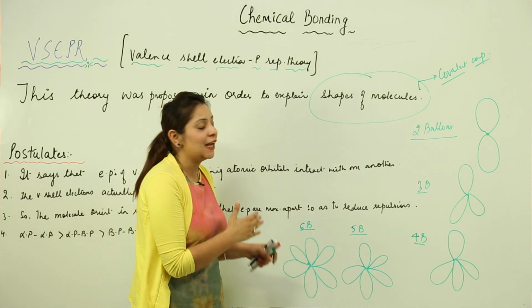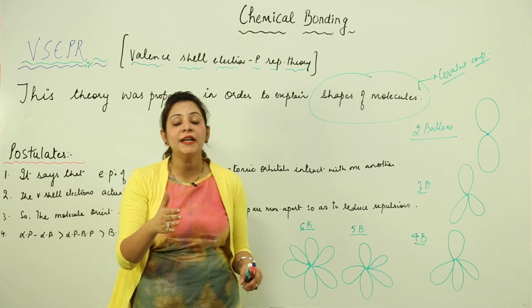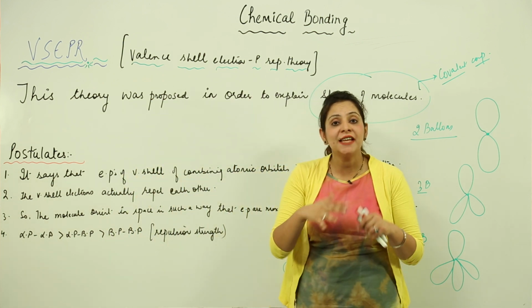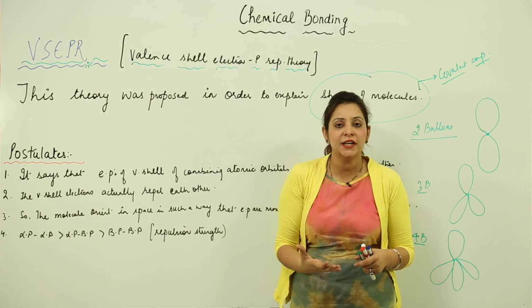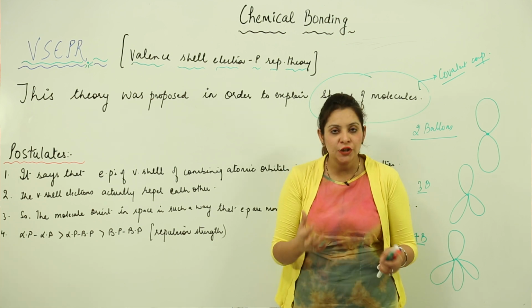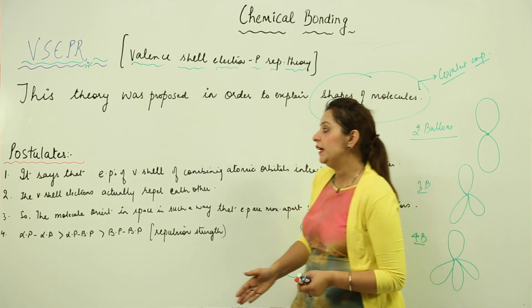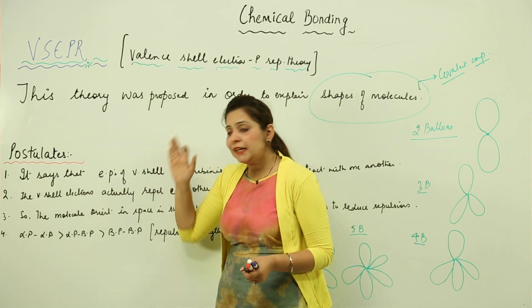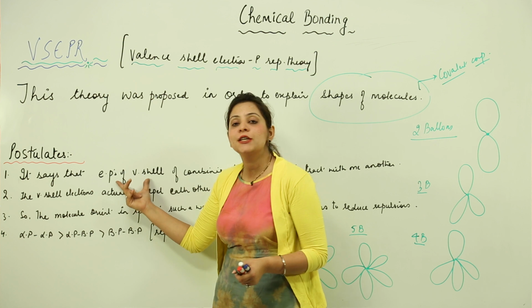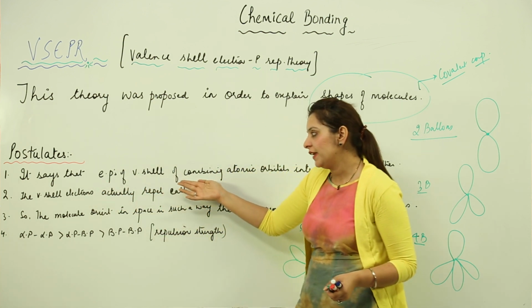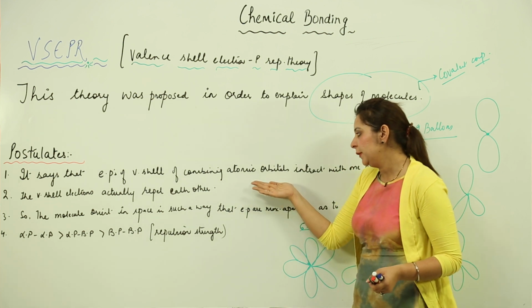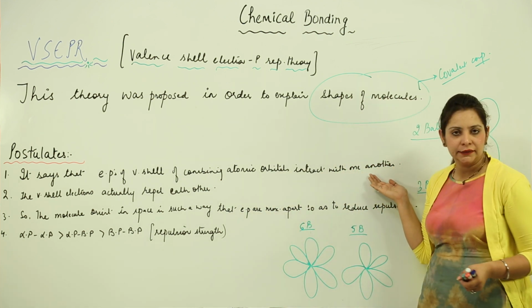Now we are going to start with the postulates of VSEPR theory, that is, what the statement of VSEPR theory is, which helps in finding the shape of molecules. The first postulate says that it takes into consideration only the electron pairs of the valence shell. Electron pairs of the valence shell of combining atomic orbitals interact with one another.